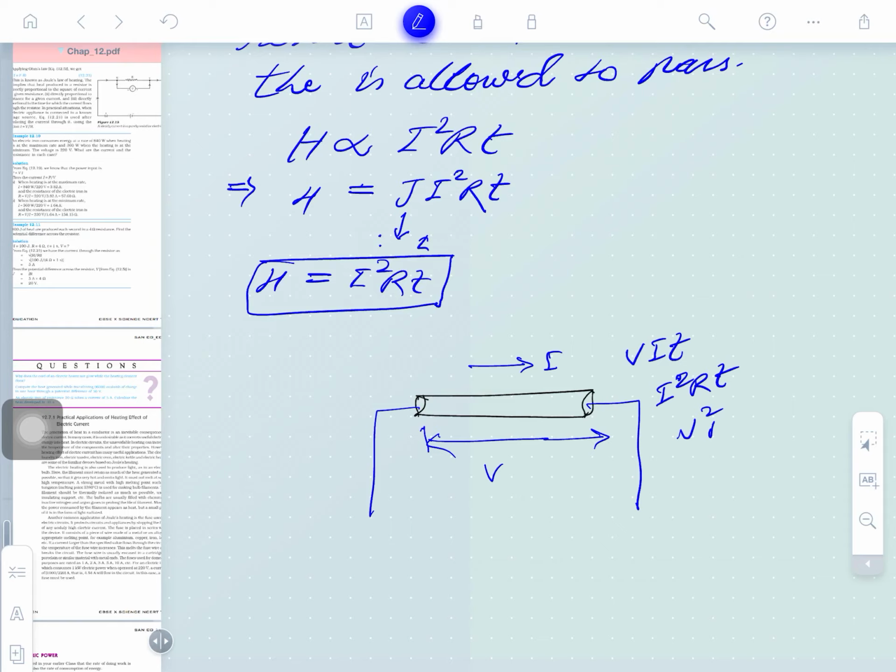Another equation can also be given here. These three heat formulas, these three equations will be there.